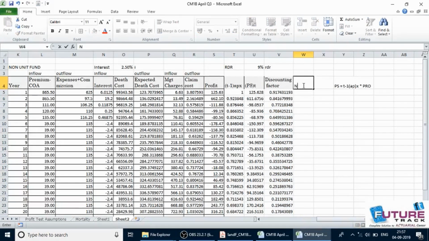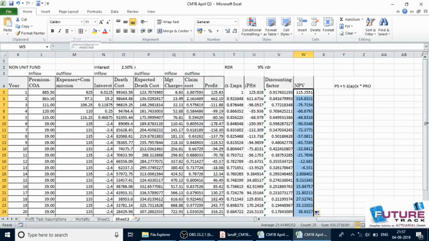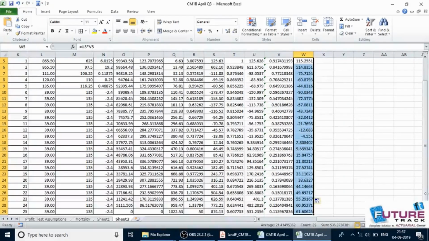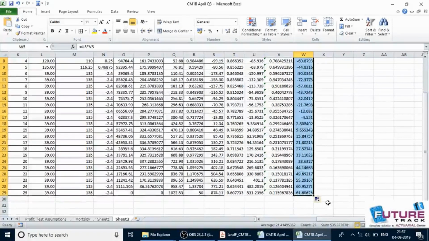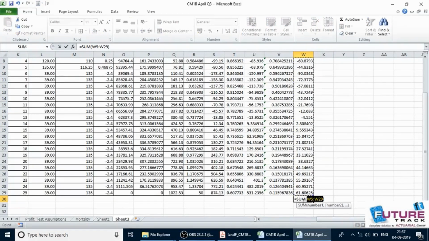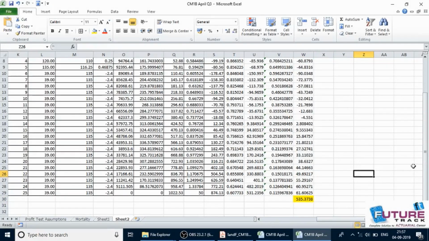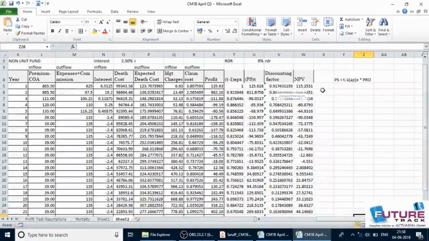So what is my NPV? NPV is profit signature into the discounting factor. Double click this. So all these are my NPV. Sum of all these we require. Alt equal to. So this is my NPV of profit. Fine.